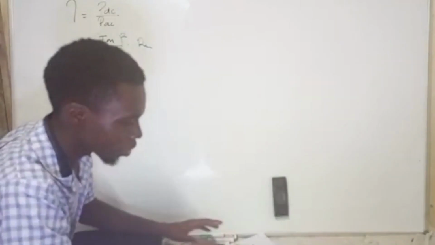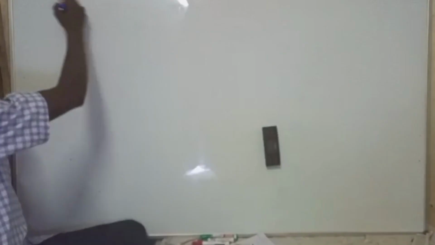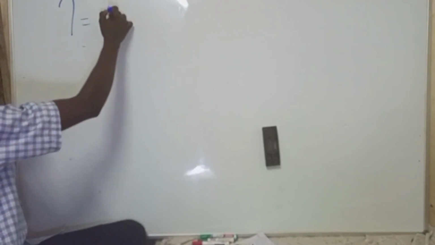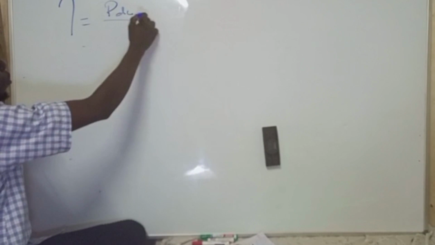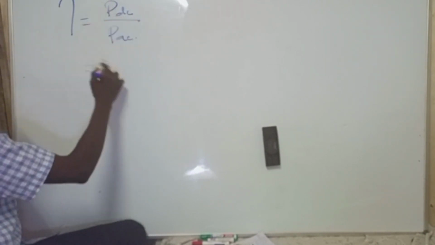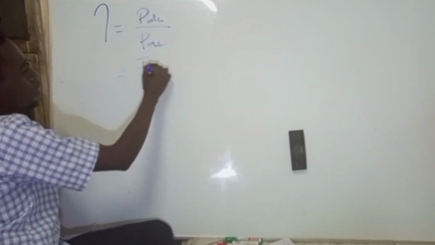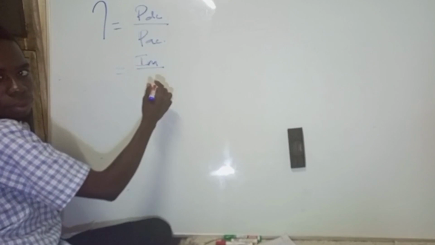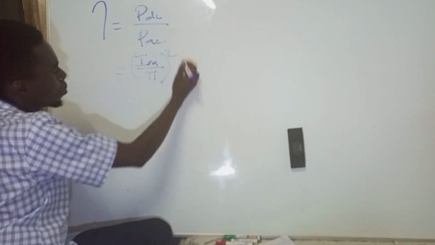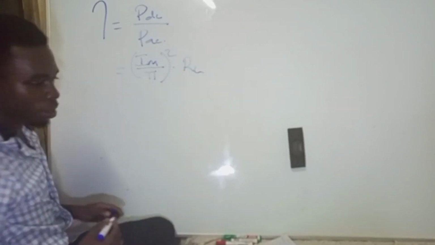Let me try to use a bigger font. Sorry about that. So our efficiency is going to be given by PDC over PSC. But our PDC was simply I max over pi T squared times the load resistance RL.